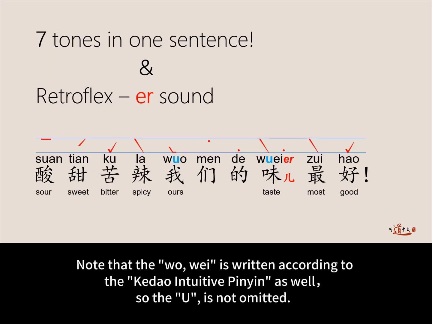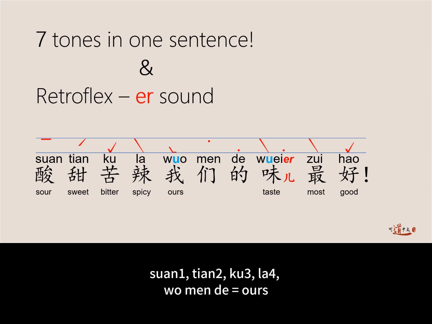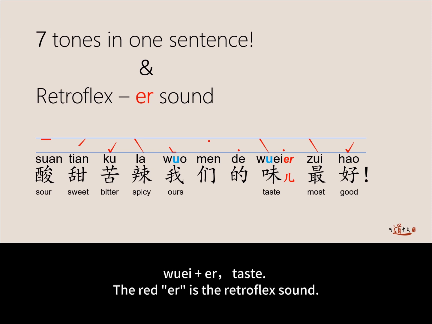Note that the 我 way is written according to the 可道 intuitive pinyin as well, so the you is not omitted. 酸甜苦辣我们的 ours 味儿 taste. The red sound is a retroflex.